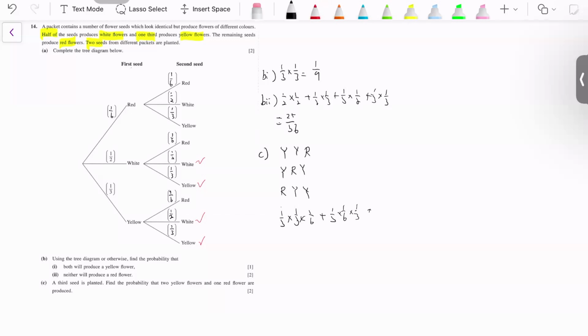And lastly, first being red is 1/6. Second being yellow is one third. Third being yellow is one third. So we just need to find the probability of all three combined. And that will give us a probability of 1/18. So that's for our part C.